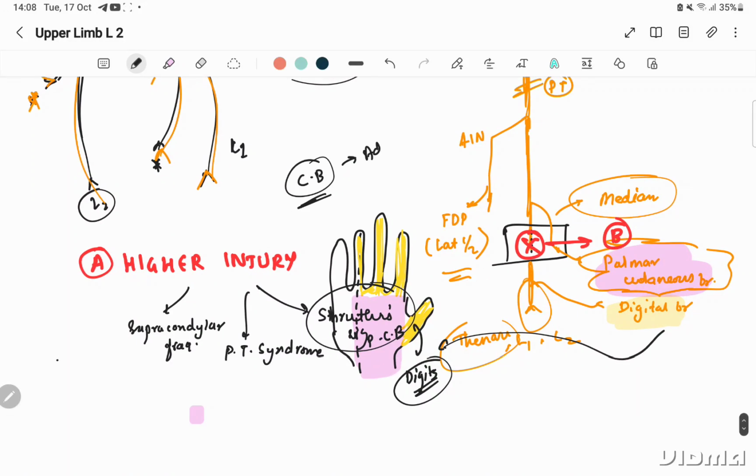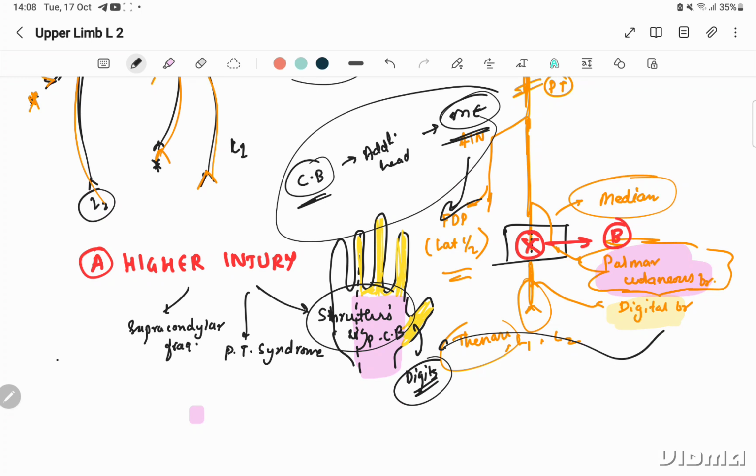Coracobrachialis can have an additional head which extends up to medial epicondyle. So median nerve can pass deep to the Struthers ligament, and if it is compressed, then it can cause the higher injury of your median nerve.